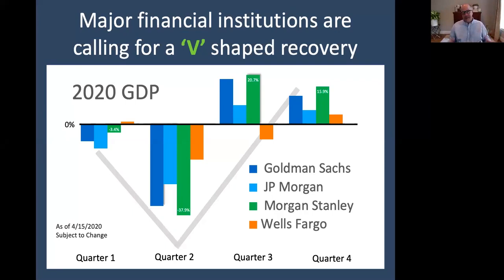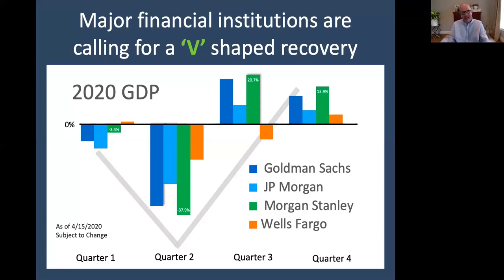All four of these institutions are calling for recovery. You can see in the third quarter, Wells Fargo is saying we see a little bit of negative GDP. The other three are saying that, but they all agree in the fourth quarter. So sometime in the second half of this year, and a lot of questions to be answered in that, we see that recovery happening.